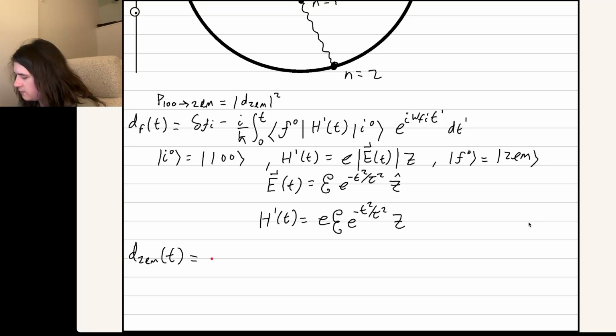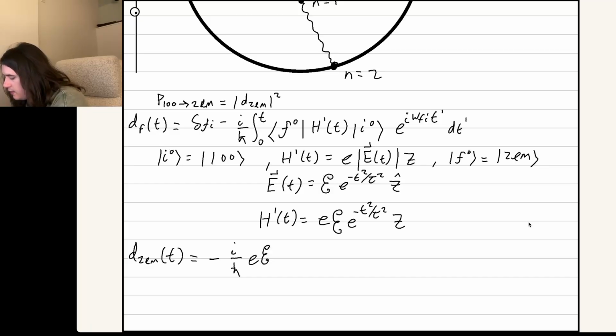So this is now just minus i over h bar. We can pull out the electron charge e and also the fancy E, and we can even pull out the matrix element, because the only thing left in that matrix element is the z operator.